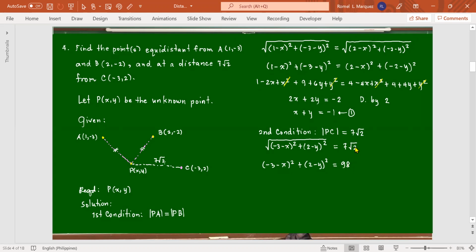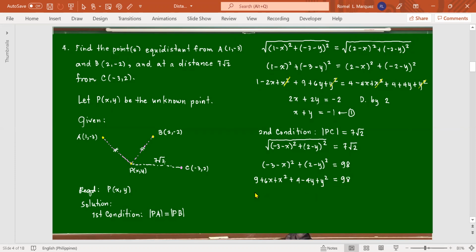Get it, guys? So let us expand the left side, binomials. So for the first binomial, 9 plus 6x plus x squared, then plus 4 minus 4y plus y squared, no? And that is equal to 98.